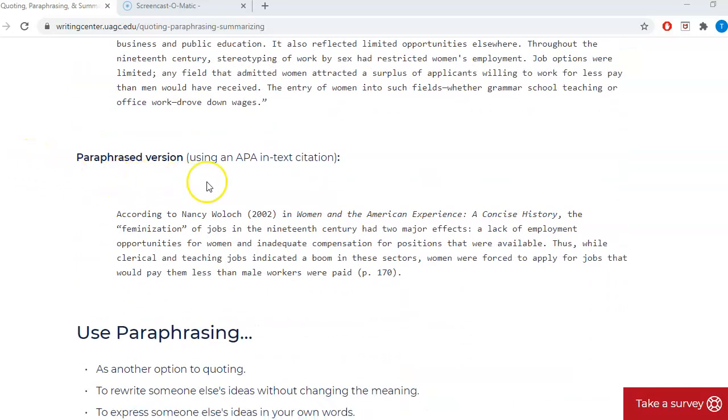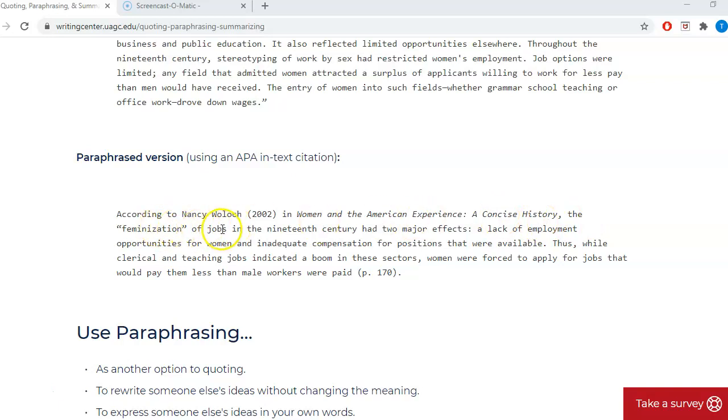So in a paraphrase version, and this is using APA rather than MLA formatting, it says according to Nancy Wallach, so you're giving the author attribution, and you mention the publication, Women and the American Experience, A Concise History.